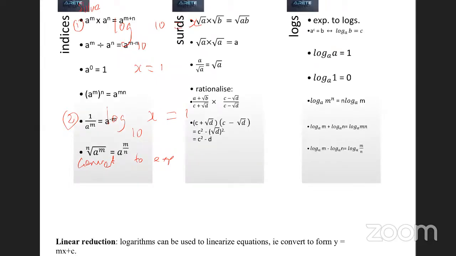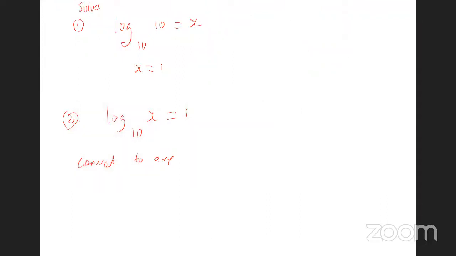When I convert that to exponential form, what will it be? 10 to the power of 1 is x. So x is 10.